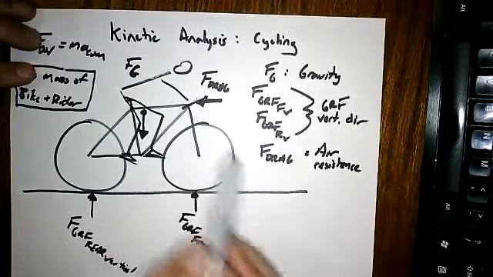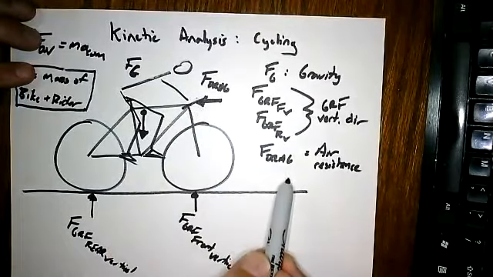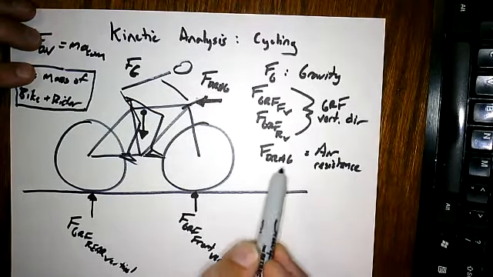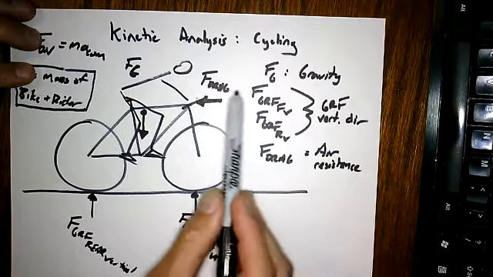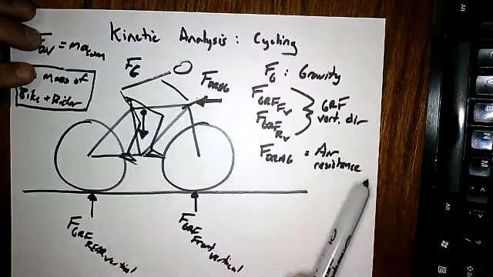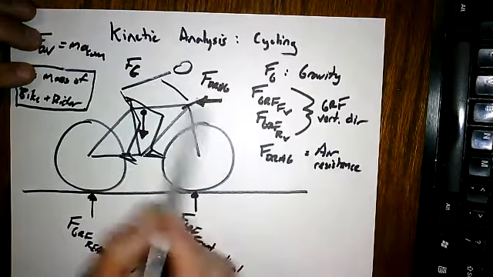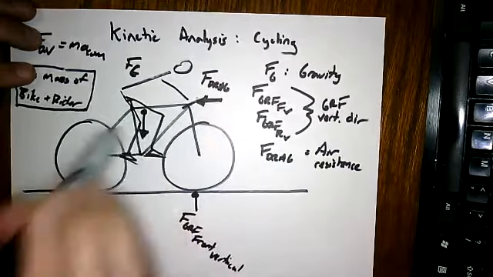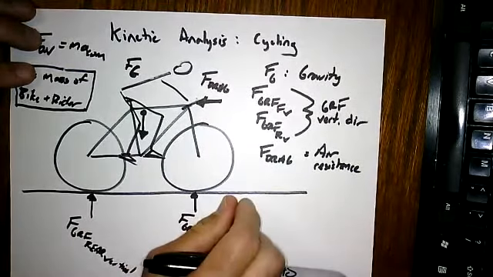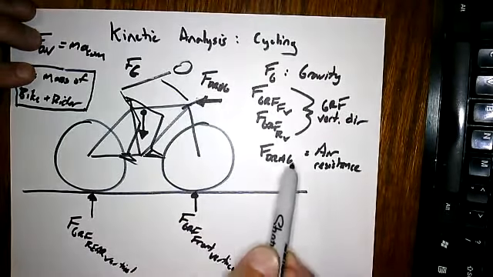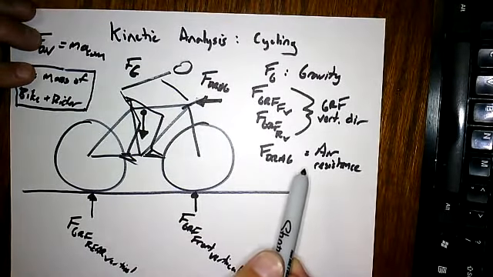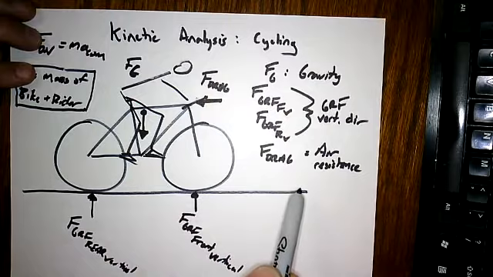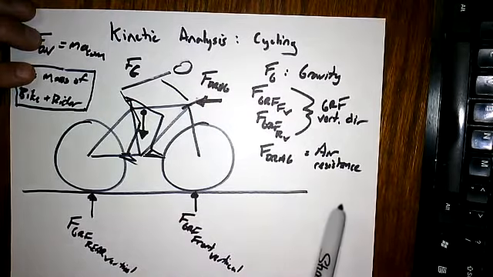The direction of this force vector does depend on which way the air is moving over the cyclist. So it's nice to start with the idea that the air is moving over the cyclist in the sagittal plane as we're looking, but it may be a tailwind, or maybe the wind is coming at the rider from the side. But for now, we're just going to start with the drag force opposing the direction of this cyclist right now. Okay, those are some of the obvious ones.